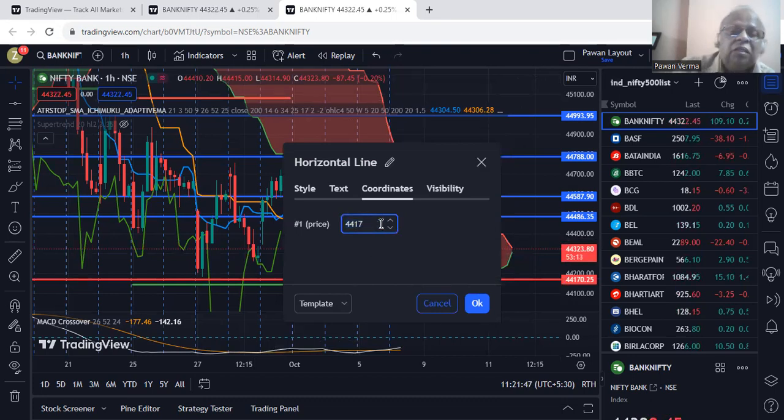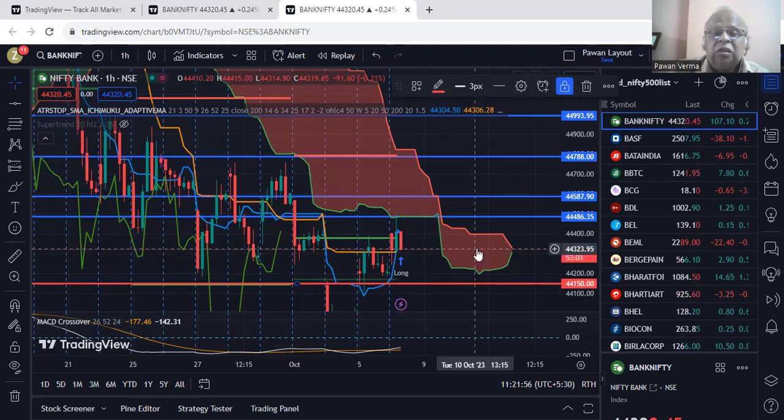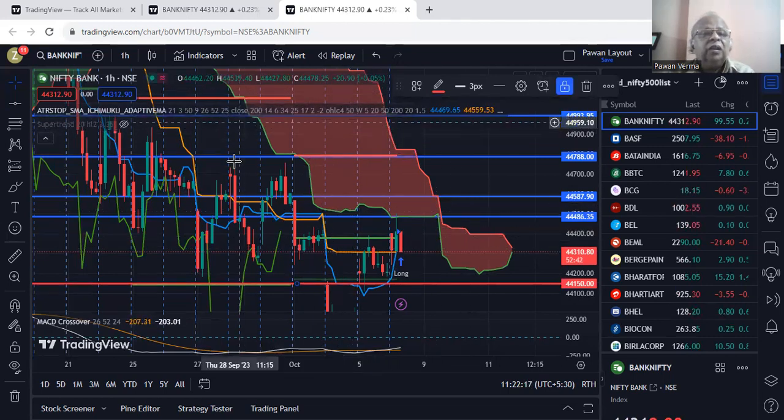Just put 150; 20 points is meaningless. So friends, all aspects have been covered: targets, stop loss and the expected movement. The probability of downward movement is quite high in Bank Nifty, whereas Nifty is showing some strength to move upward.